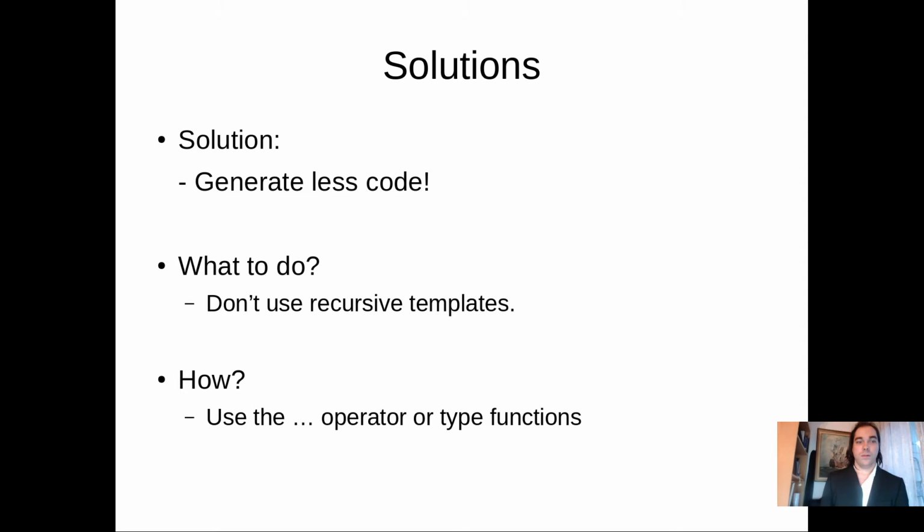So, what's the solution to that? You can already read it on the slide, so it's not a big question. Generate less code, right? Because compilation performance is mainly determined by how much code the compiler has to process.